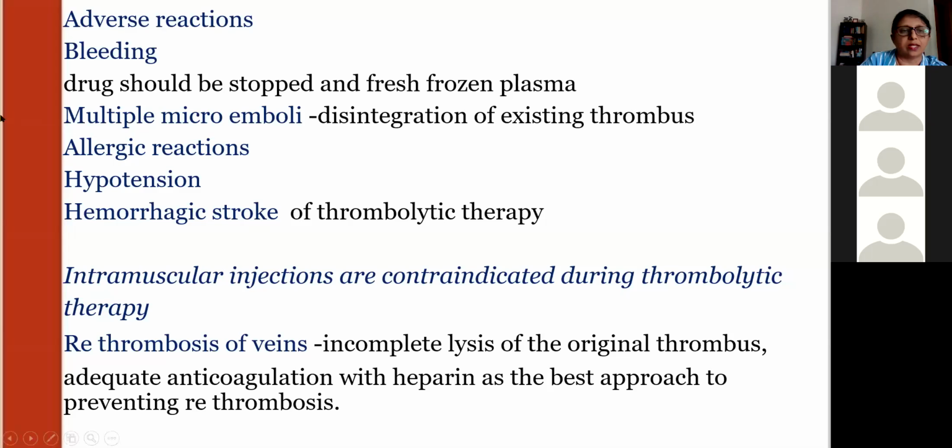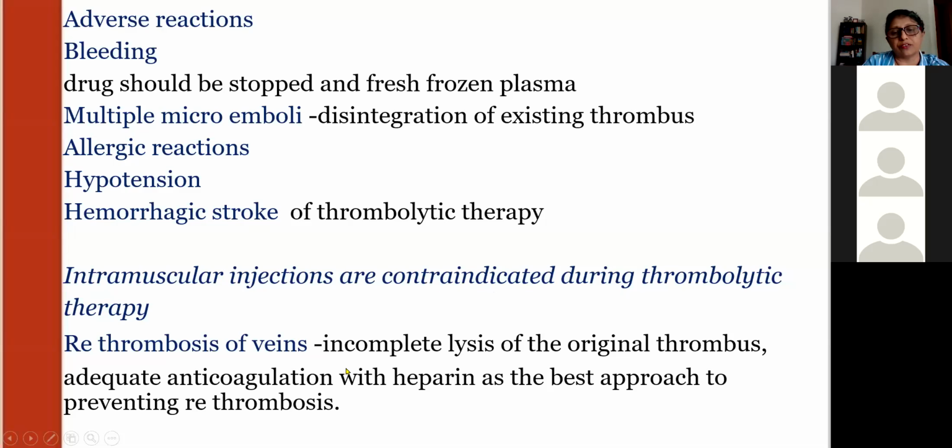Then allergic reactions like with streptokinase, hypotension can occur, and hemorrhagic stroke because of the hemorrhage. Also during thrombolytic therapy, we should not give any intramuscular injection, because when we give an intramuscular injection we are making an injury, isn't it? So micro vessels, capillaries and so on will be injured, and from there bleeding can occur. So intramuscular injections are contraindicated during thrombolytic therapy.